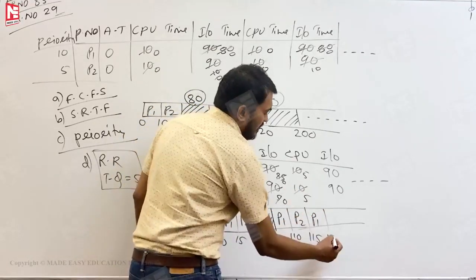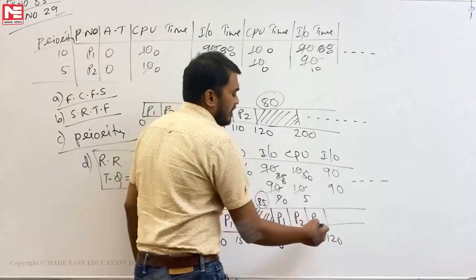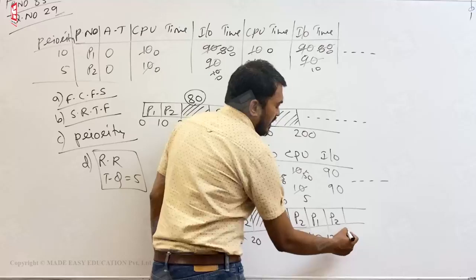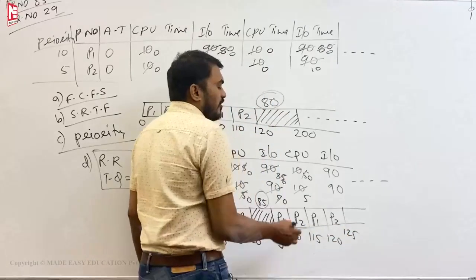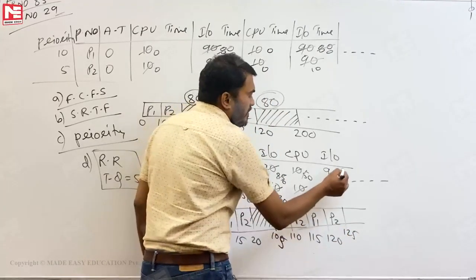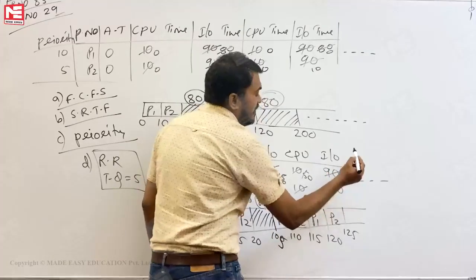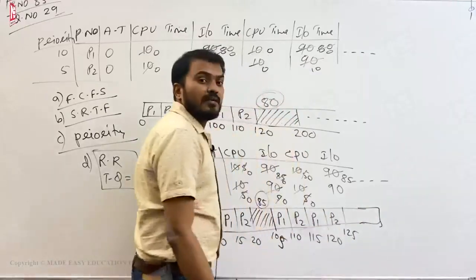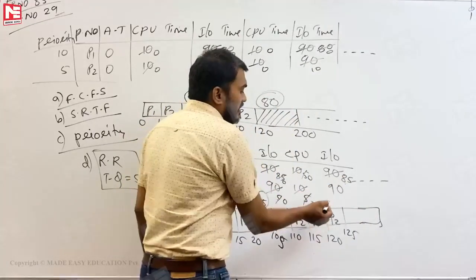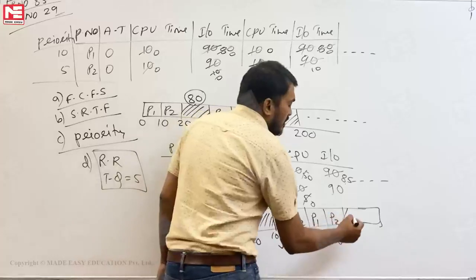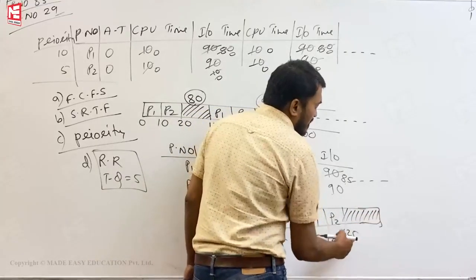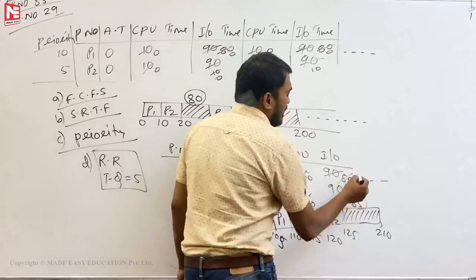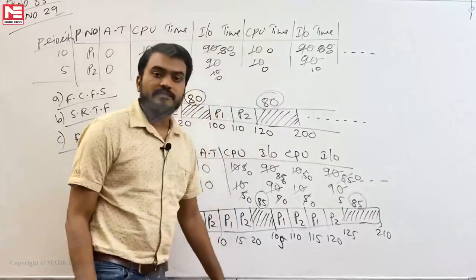Next you take P1, that is 120, and it becomes 0. Next you take P2, which requires 5, and the time quantum is also 5, so 125. This becomes 0 and this becomes 85. Again the CPU will be idle for 85 seconds. This requires 85 seconds of IO and this requires 90, so 125 plus 85 is 210. The CPU will be idle for these 85 seconds, and that becomes 0 and that becomes 5.